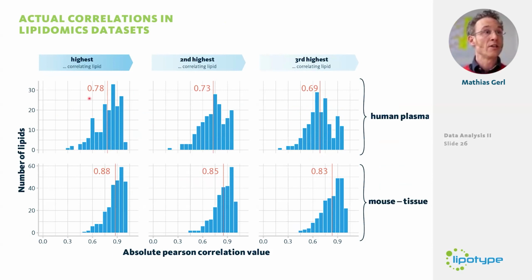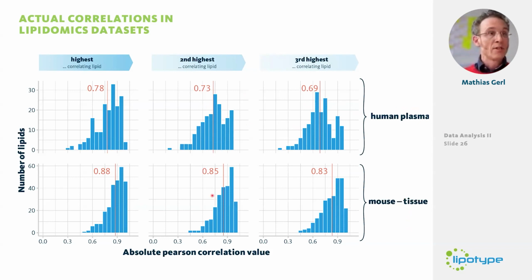So usually the first lipid is fairly highly correlating, and that's why these methods are valid. The second and the third are also similarly high. This is for human plasma, and we also published a mouse atlas. We did it in that data set, and there things are even higher.